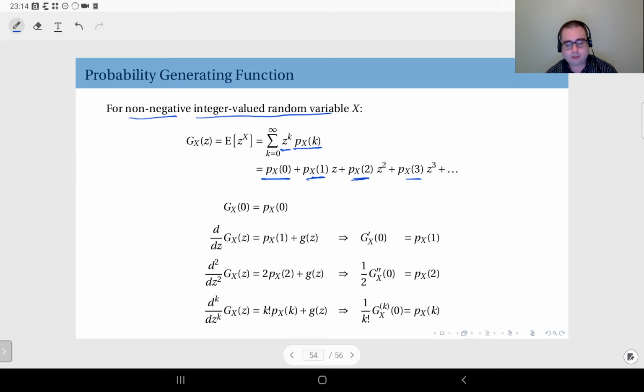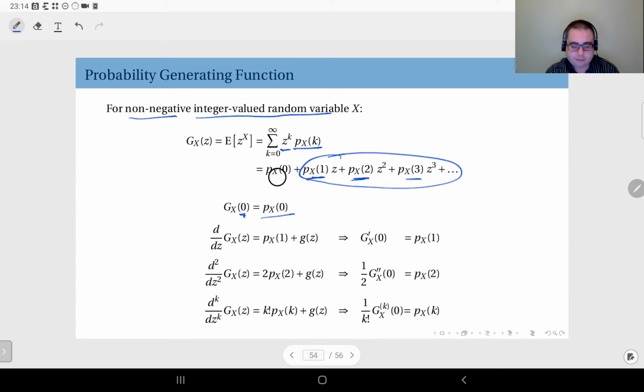Not only that, but if you have the probability generating function given to you, you can actually retrieve the PMF from it. If you just evaluate it at z equals 0, these terms will all disappear, and you'll just have the probability at 0.